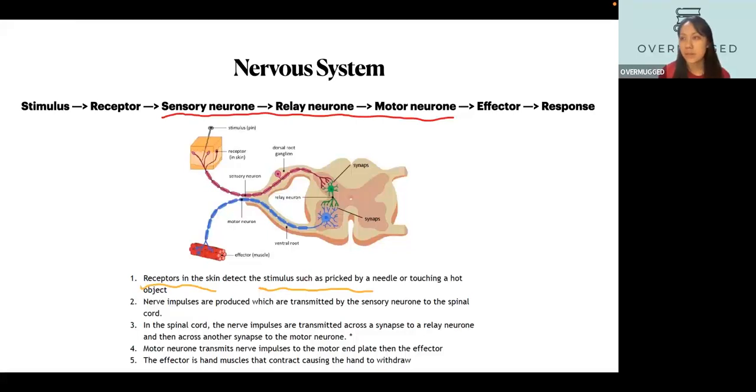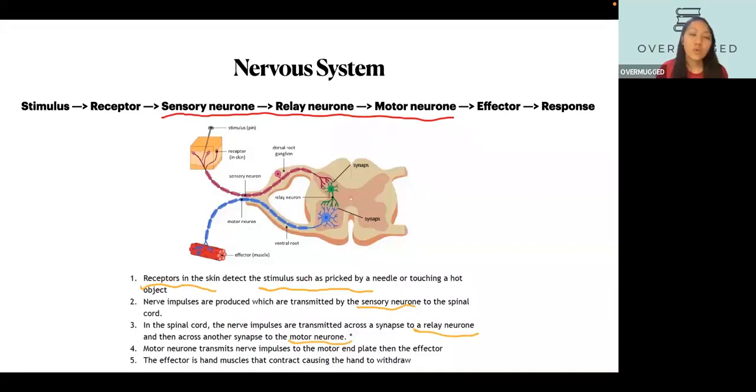Here it is the pain receptor or the pressure receptor, but usually we don't need to go so detailed. Receptor is good enough. After that, nerve impulses are generated by the sensory neuron and then transmitted to the relay neuron and then to the motor neuron. So this part is aligned with the neurons part.